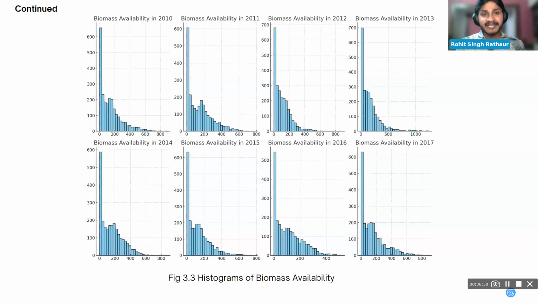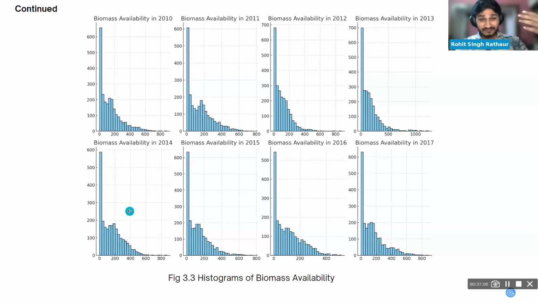So here, I tried to do histograms of biomass availability because it can help us understand the distribution of biomass availability for each year or across all years. So this will provide insights into whether the biomass availability is skewed towards certain values and whether there are any outliers.